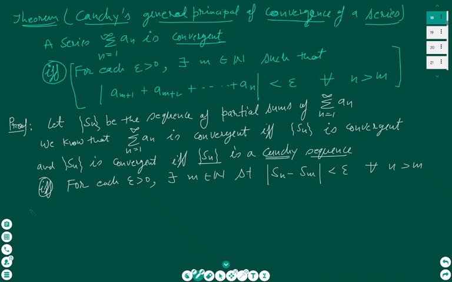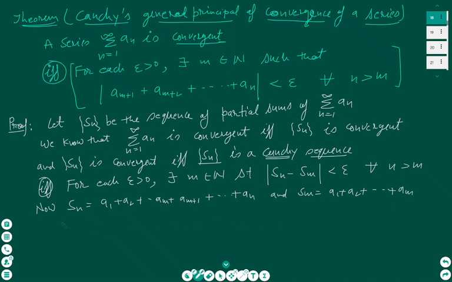Now what is Sn in this series? Sn is the sum of the first n terms of the series, and Sm is the sum of the first m terms of the series.